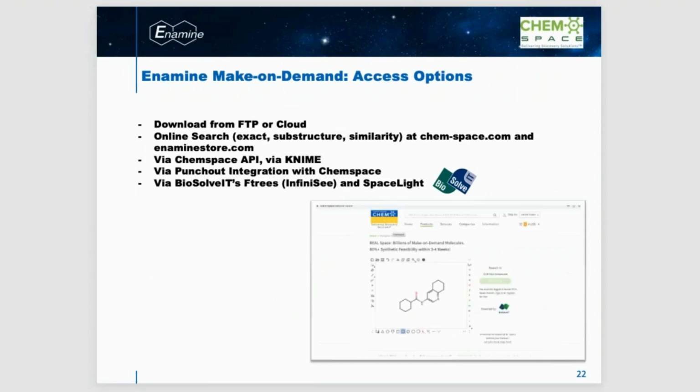The Enamine make-on-demand products, both MADE building blocks and REAL compounds, can be accessed through the direct download from FTP or cloud. They can be searched online at chemspace.com using all the classical search options like exact match, substructure, or similarity. You can also use Enamine Store for accessing Enamine REAL compounds, not the MADE building blocks, at least not yet.